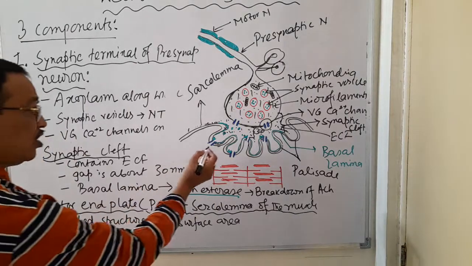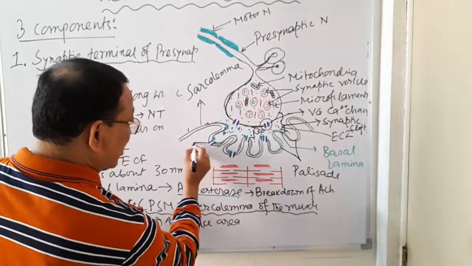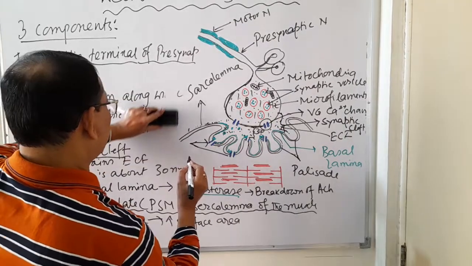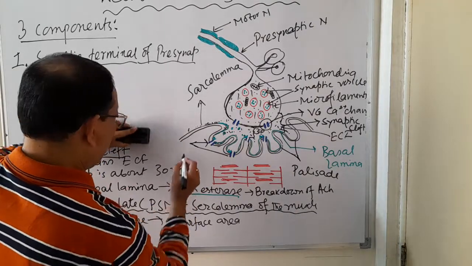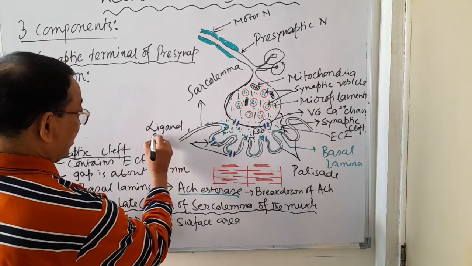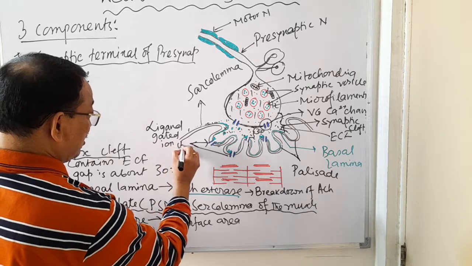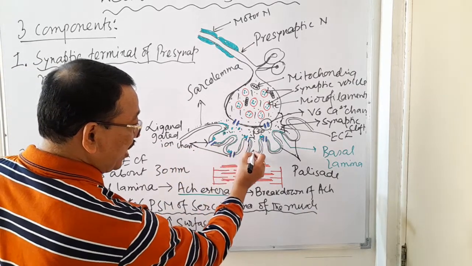One is the ligand gated ion channels. Ligand gated ion channels are there on the membrane of the sarcolemma.